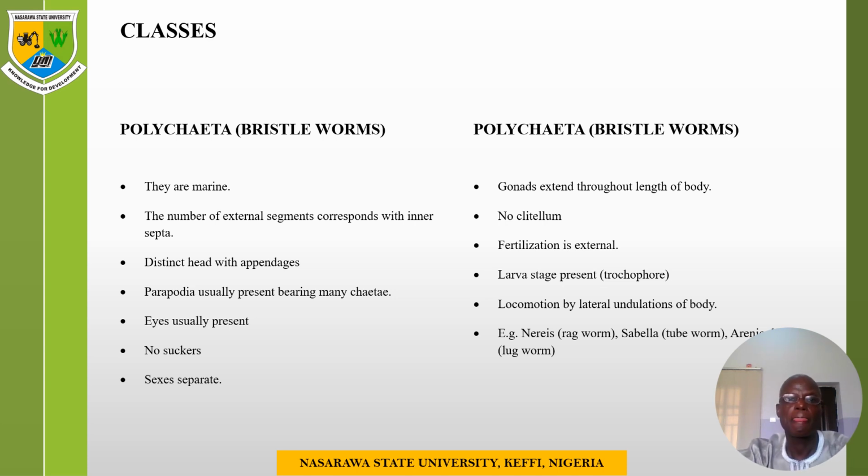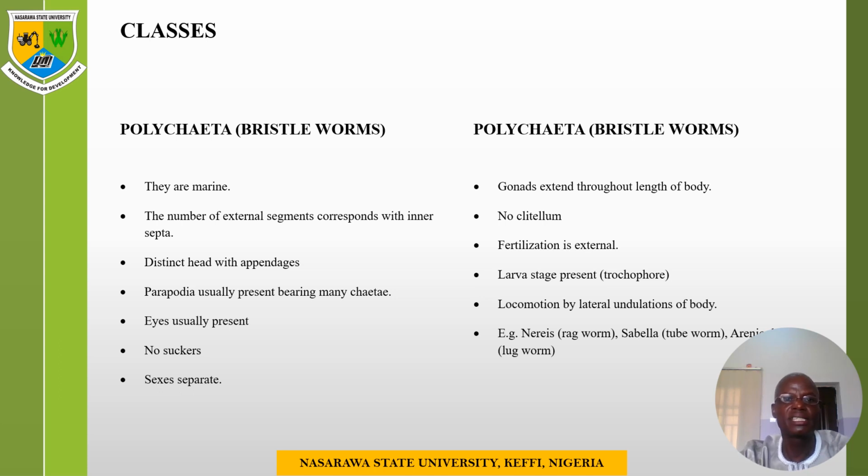The first class is Polychaeta, and these organisms are also known as bristle worms. They are marine in nature. The number of external segments corresponds with the inner septa, that is, the segments found inside.